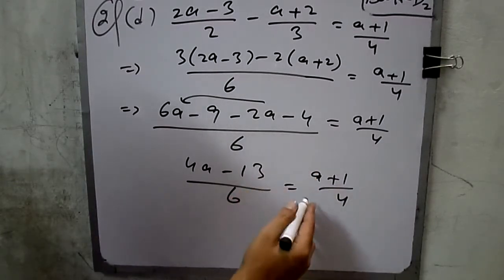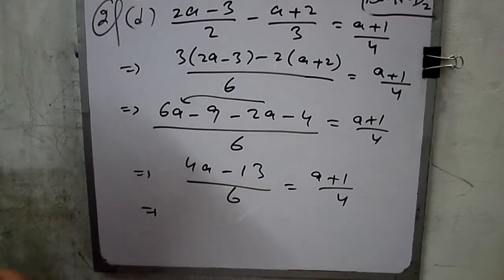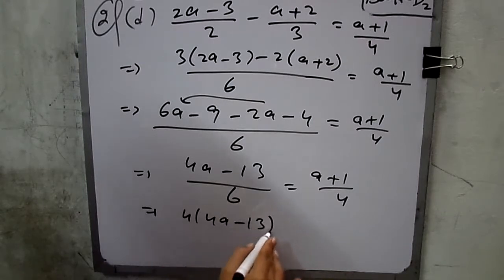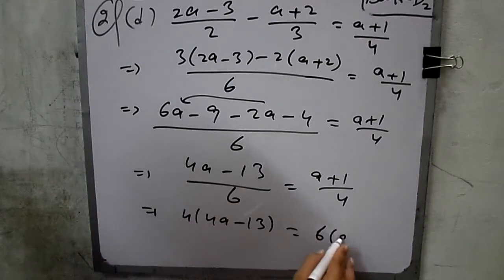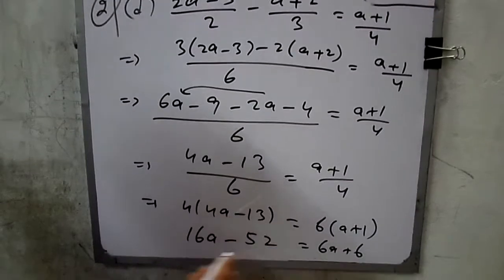By using cross multiplication you will get, that is 4 into 4a, plus 6 into a plus 1. So you will get 6a plus 6, 16a, 52.